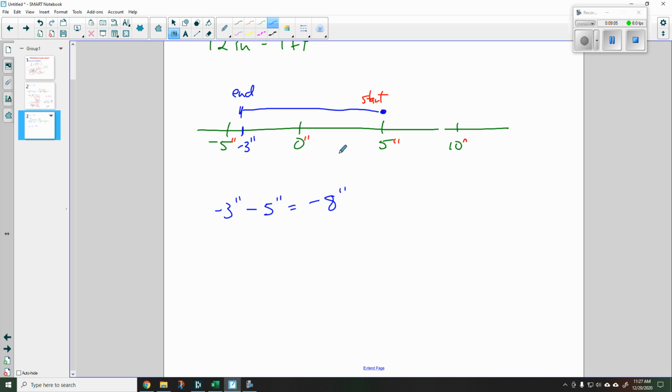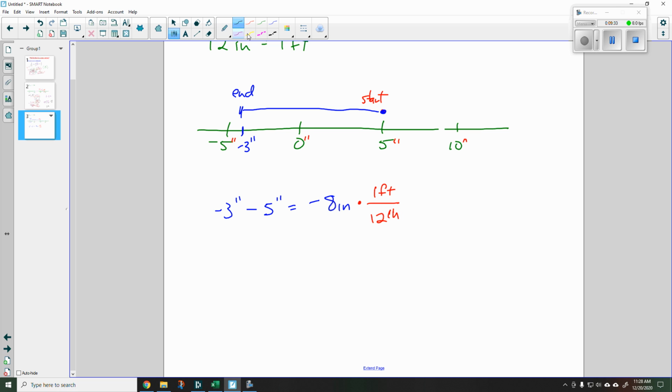And if I want to convert that, let's actually write inches so that we can see it a little bit better here. Okay, I've gone -8 inches. And if I wanted that in feet, I would multiply this by 1, because I can multiply anything by 1. But the one that I'm going to use is 1 foot divided by 12 inches.